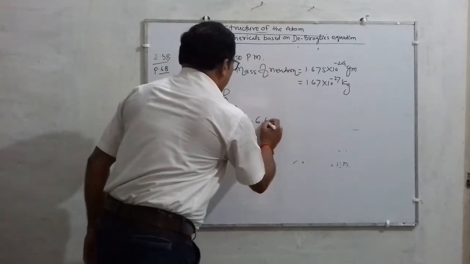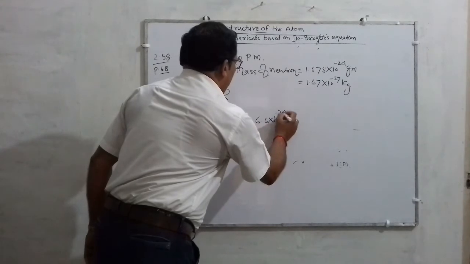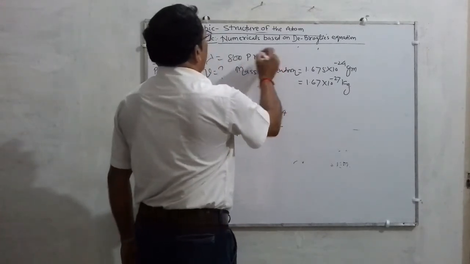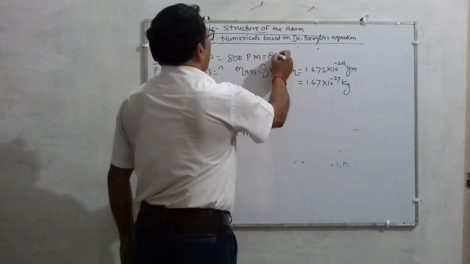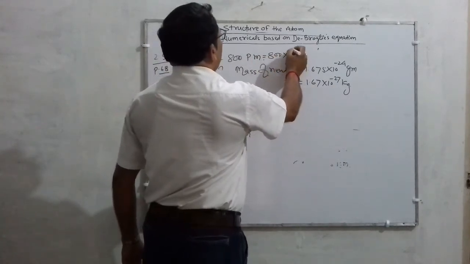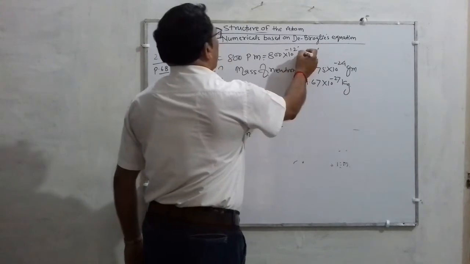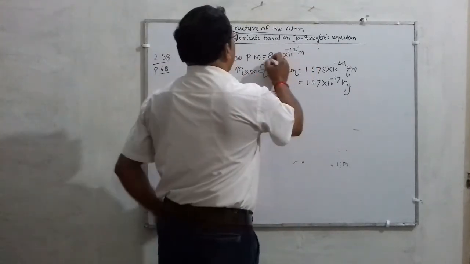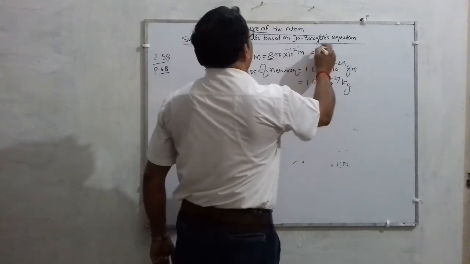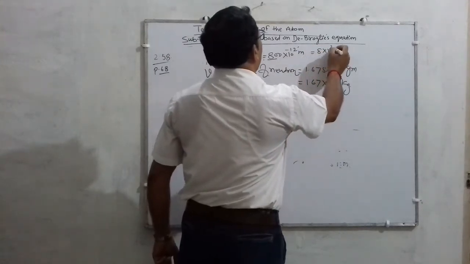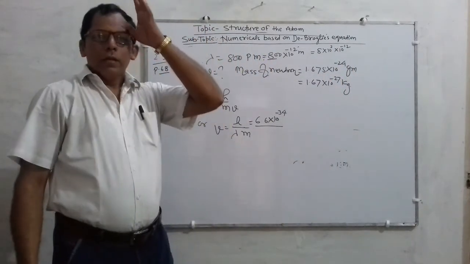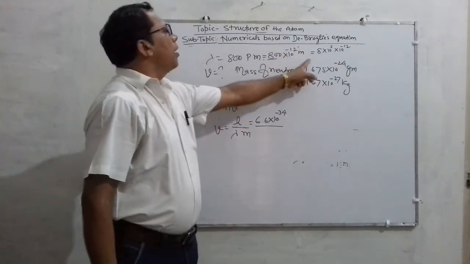Putting the value 6.6 into 10 to the power minus 34, lambda is 800 pm. So that can be written as 800 into 10 to the power minus 12 meter. Similarly, this 800 becomes 8 into 10 to the power 2 into 10 to the power minus 12. Children, am I right?